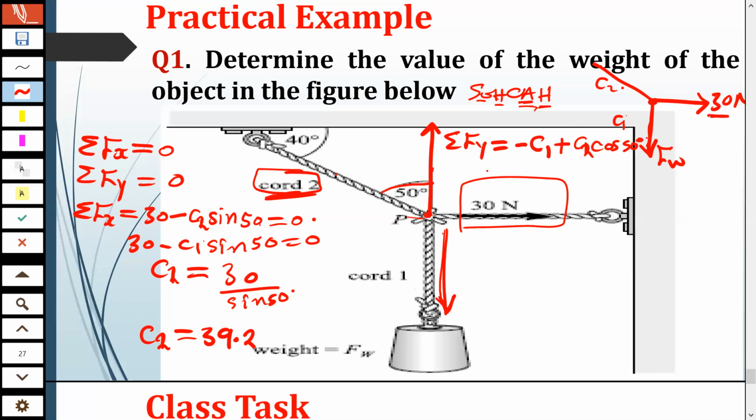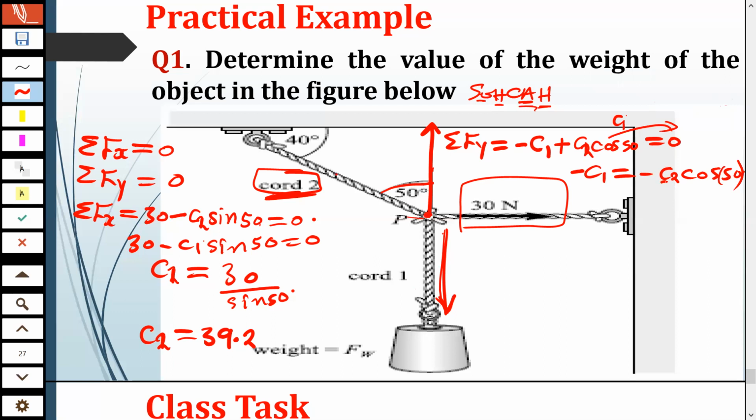And we said all these forces, if we're dealing with the equilibrium of forces, they're supposed to add up to what? 0. So we say this is equal to 0. So we take this to the other side of the equal sign so that we find C1. So negative C1 is equal to negative C2 cos 50.